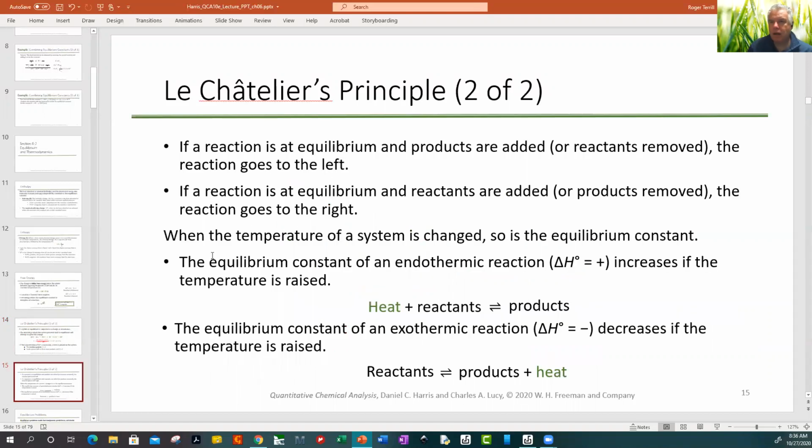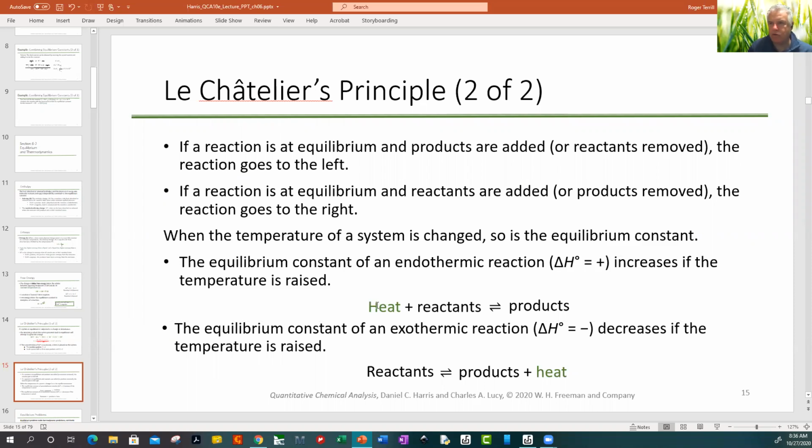So here's sort of a restatement of all that stuff, right? And it also works with enthalpy, right? Because enthalpy has this heat term. So if delta H is positive, then what you're saying is that heat plus reactants make products.